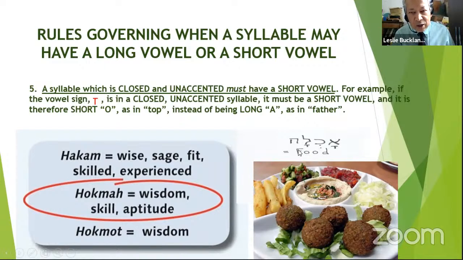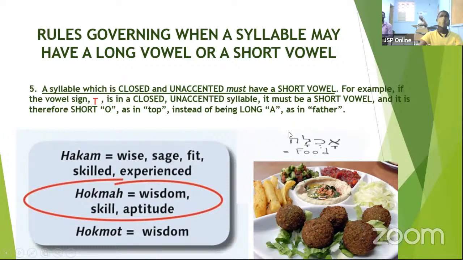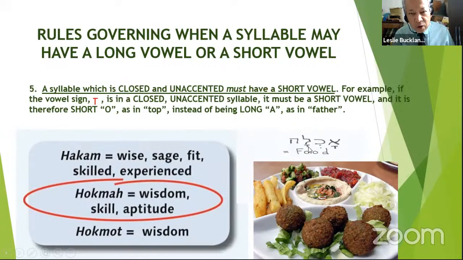Usually the accent comes on the last syllable. The last syllable in this word is lamed, kames, and hey. This is the final syllable, and it's a closed syllable.